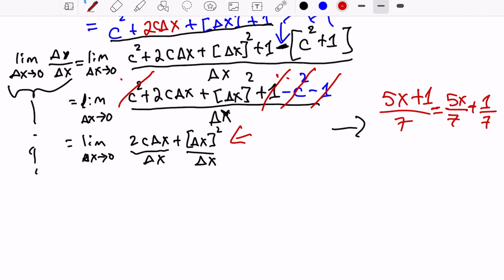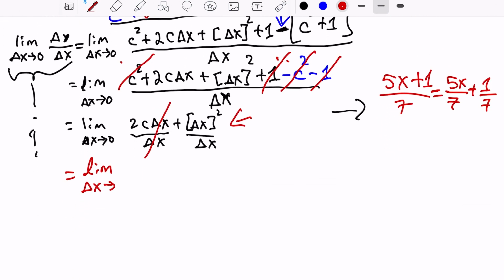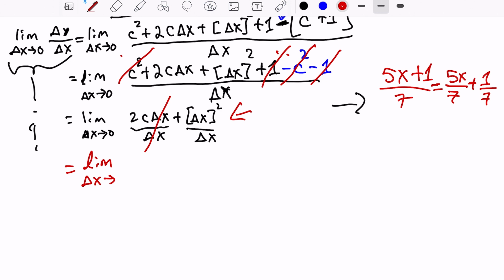All right, let's continue. So we have the limit as delta x goes to 0, and here I have simplification. We have delta x, and delta x crosses out, just as if you have, for instance, 2x over x, and you can see the x's cross out.